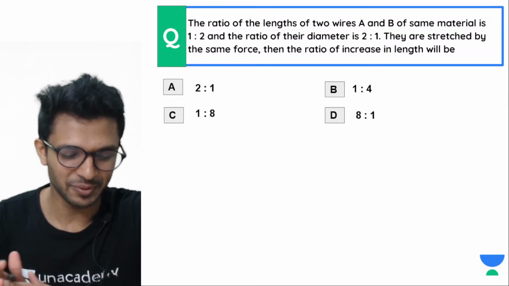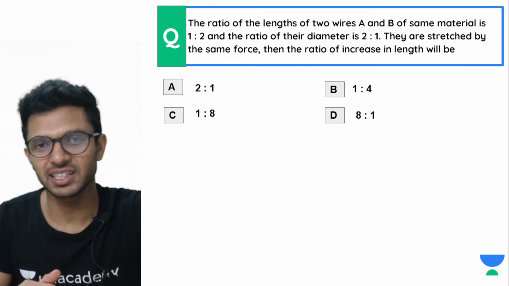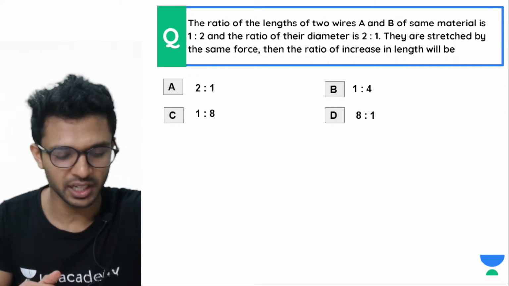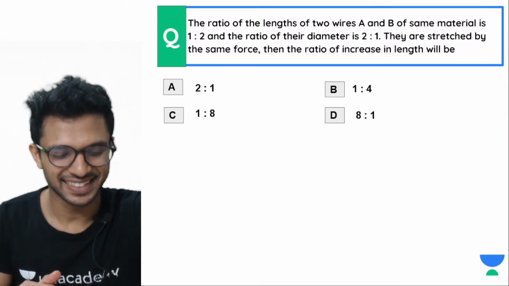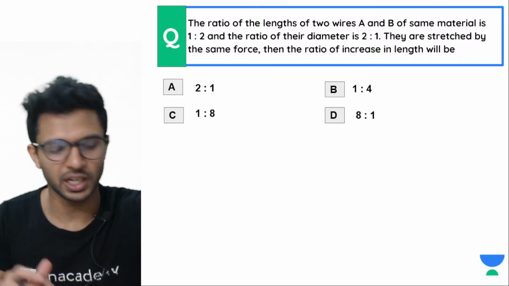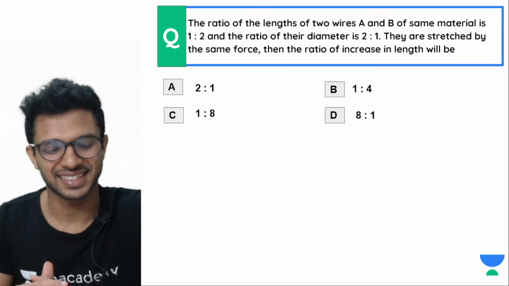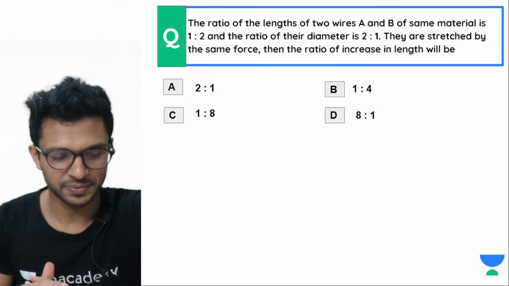Give me the answer. Arre, all the modulus we will discuss. You don't have to worry about anything. We are going to discuss every modulus of elasticity. परेशान होने की बात नहीं है. So give me the answer for this.